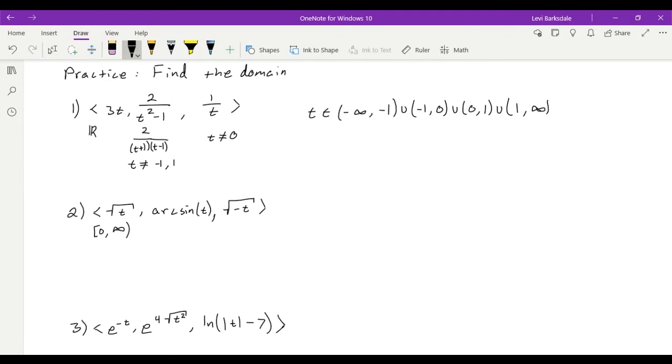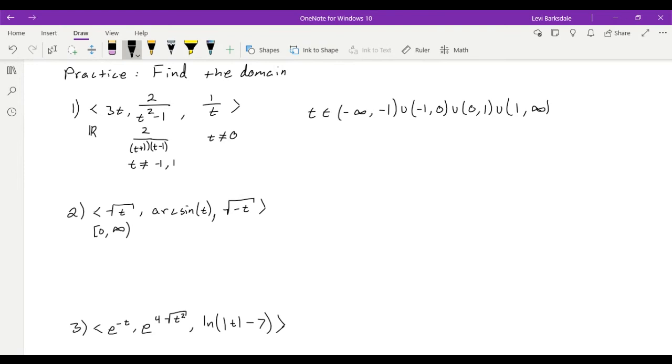The domain of arcsine is, let's see, I'm blanking on the domain of arcsine. I believe it is -π/2 to +π/2.